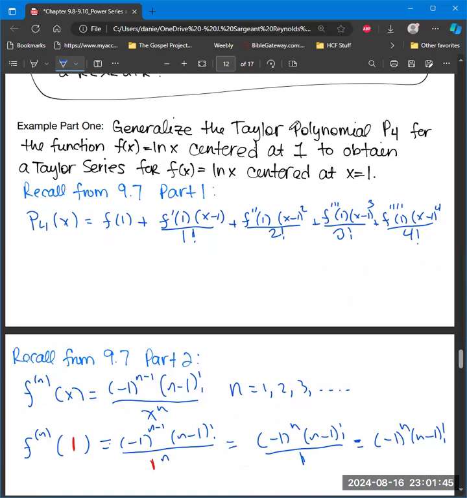So let's generalize the Taylor polynomial P4 that we did last time for the function f of x equals ln of x centered at 1 to obtain a Taylor series for f of x equals ln of x centered at 1.